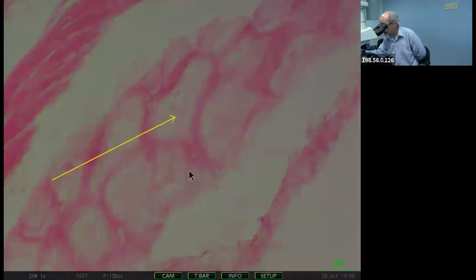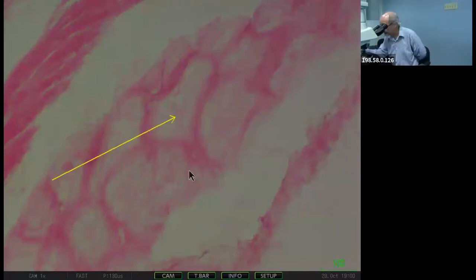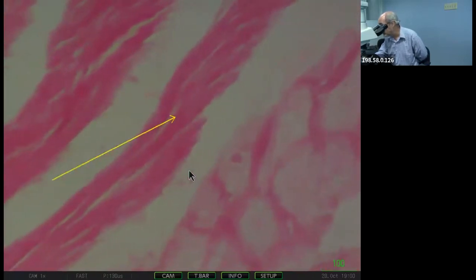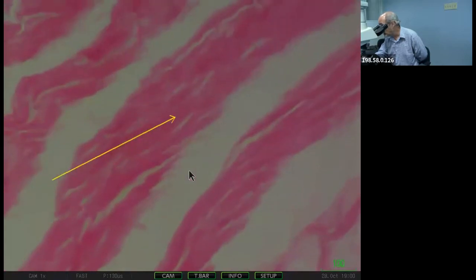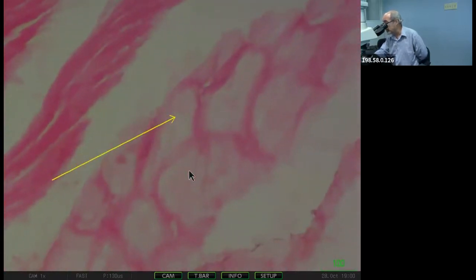They are part of the conduction system of the heart, okay? They are rich in glycogen, and they are much bigger compared to your normal cardiac fibers. So this is the difference in size.